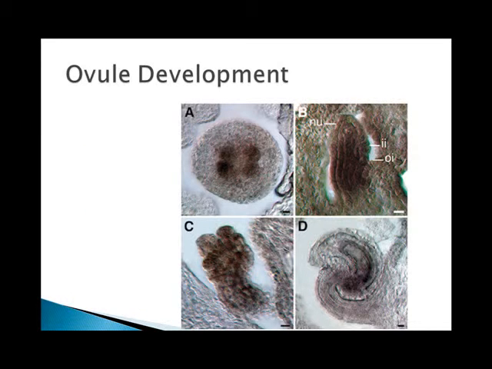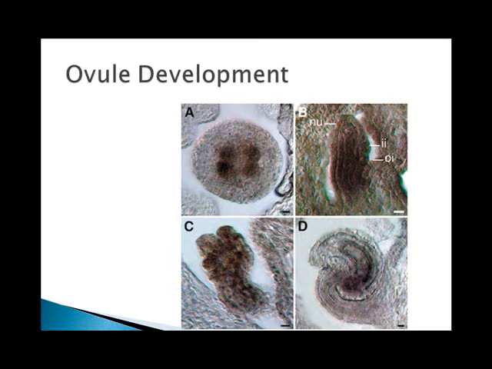In ovule development, it's a little bit different. The ovule forms in the plant ovary and contains the female sporangium. The female gametophyte is the embryo sac, so don't get those 2 confused. Within the embryo sac are contained the egg cell, which is located at one end and is flanked by 2 synergids.